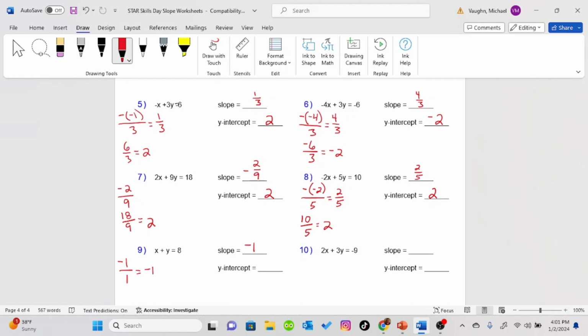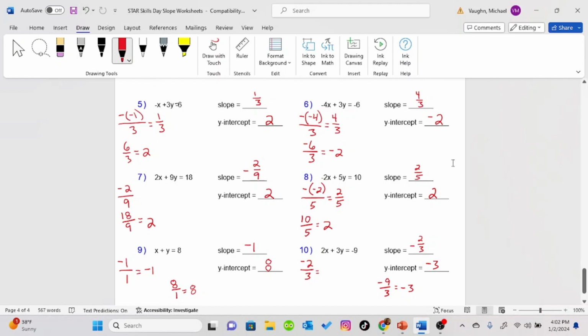And my y-intercept is c divided by b, and 8 divided by 1 is 8. So my y-intercept is 8. And finally, number 10, my slope is negative a divided by b. So my slope is negative 2/3. My y-intercept is c divided by b, and negative 9 divided by 3 is negative 3. So my y-intercept is negative 3.